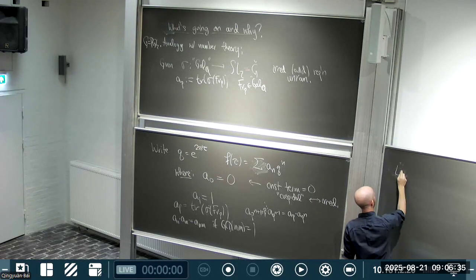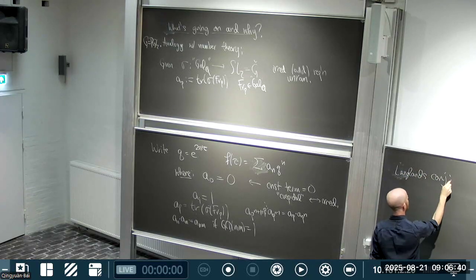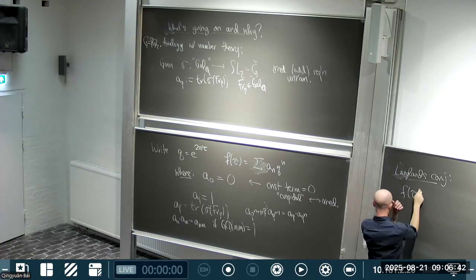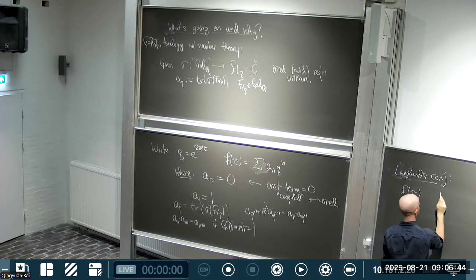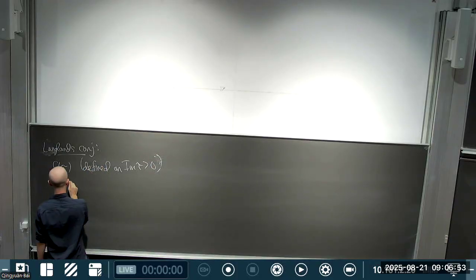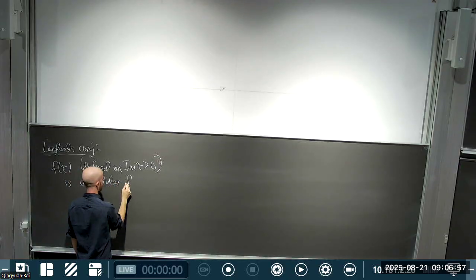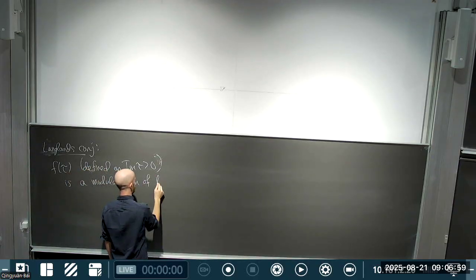What the Langlands conjecture says in this very particular setup is that the resulting function f of tau, and let me just emphasize this is defined on the upper half plane, is a modular form of weight one.